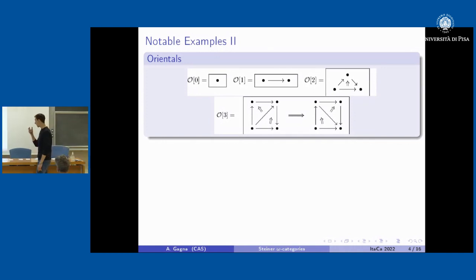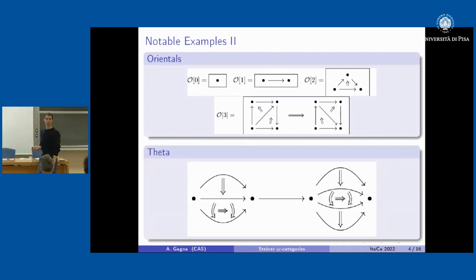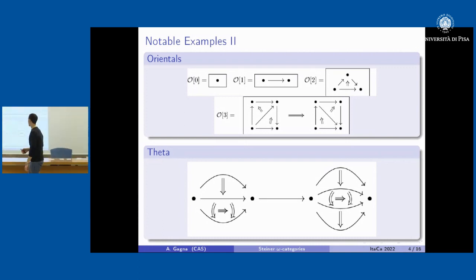Another way, devised by Joyal and others, are theta objects. So theta objects are nice gadgets that encode some basic composition of omega categories. So you have some basic composition like this.